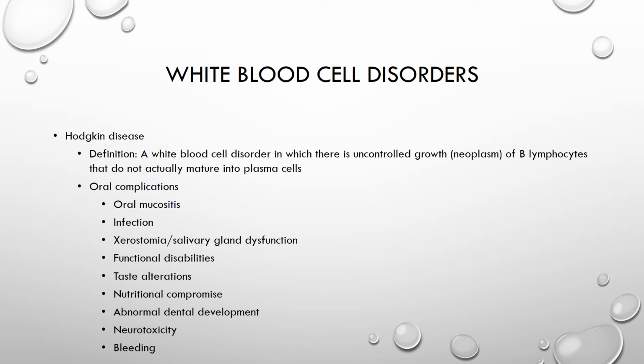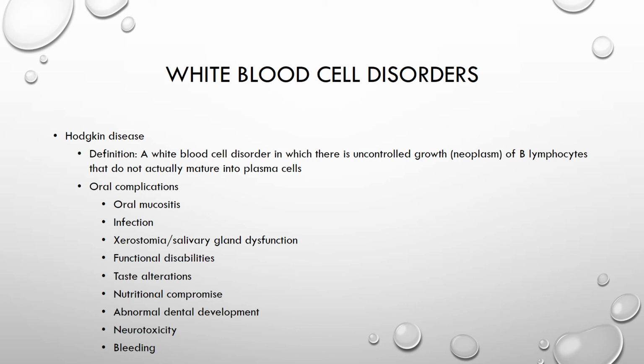The patient is very susceptible to infection because of the decrease in white blood cells, xerostomia or salivary gland dysfunction, functional disabilities with swallowing, speaking, eating, drinking, taste alterations where things don't taste as good as they used to or they taste much different.